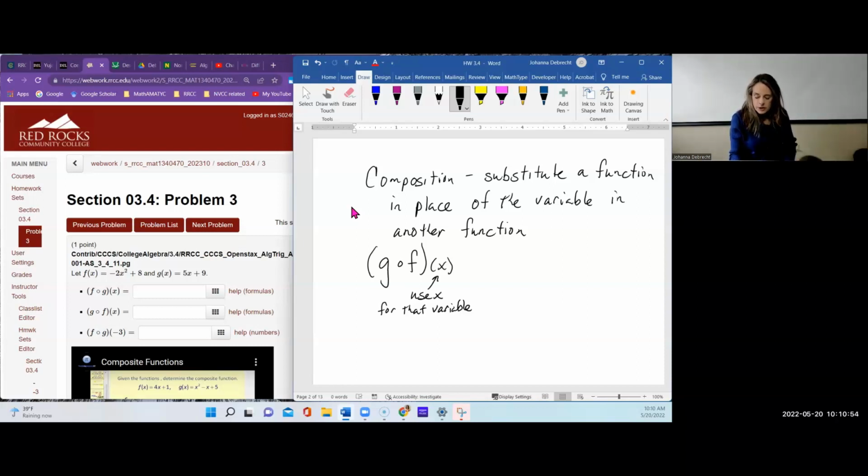This means that we're going to compose g with f. We'll say g of f of x. But we don't mean multiply. We mean put f inside g in place of the variable.